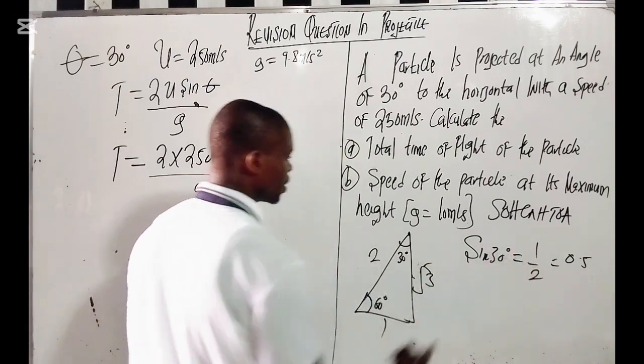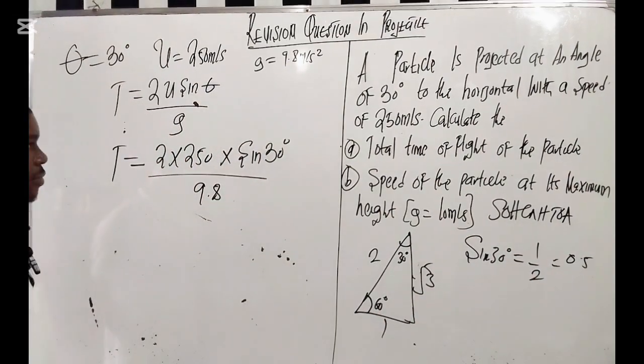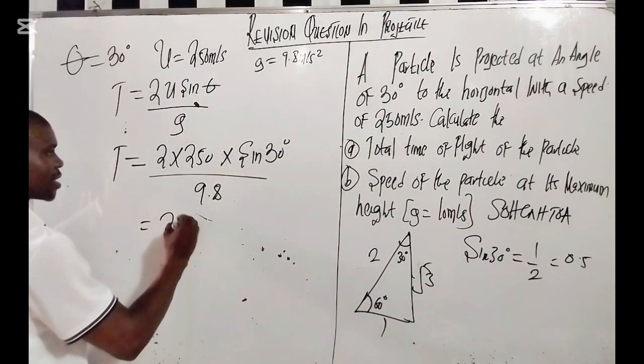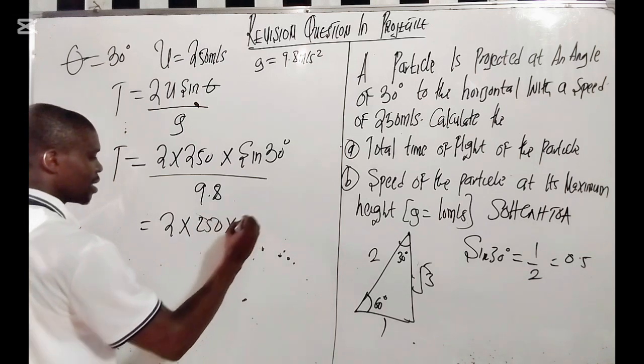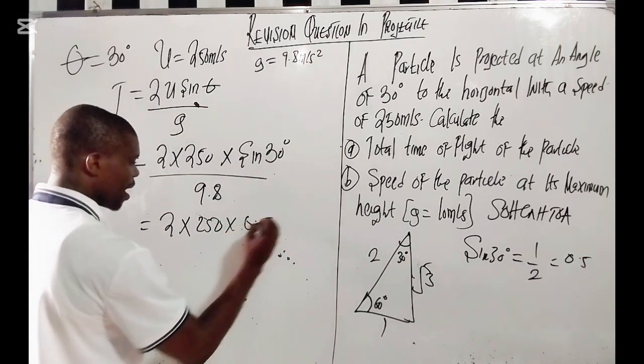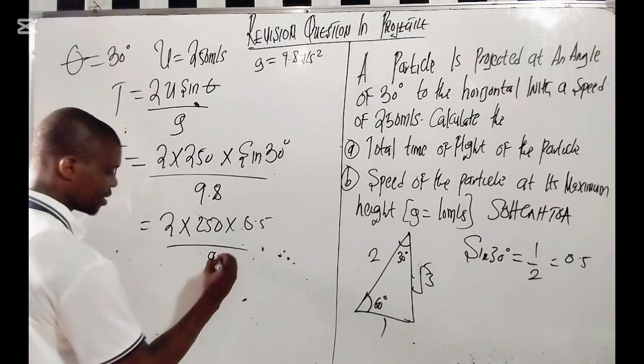So sine 30 is 0.5. So you have 2 times 250 times 0.5 over 9.8.